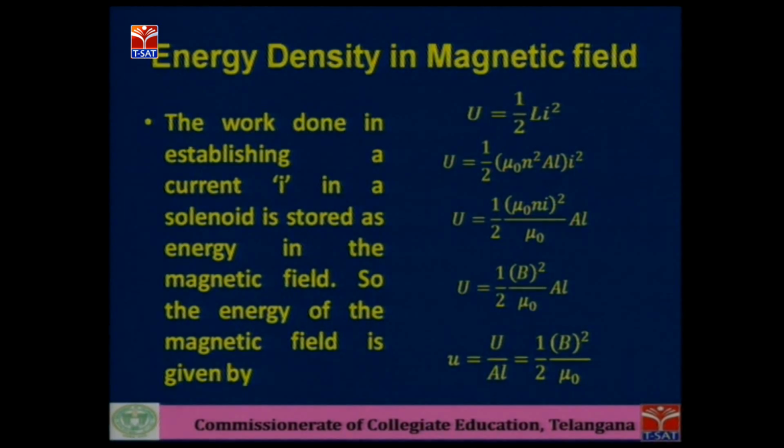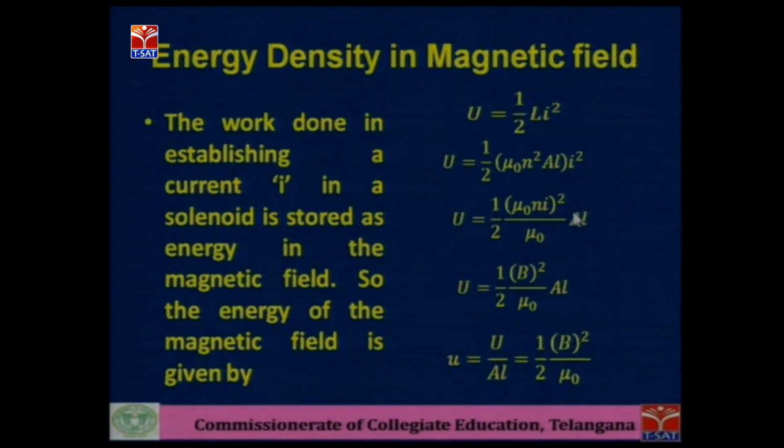The work done in order to establish a current I in a solenoid is given by U equals half L I square, and in place of L we substitute mu naught n square AL, which we have calculated before. So U equals half into mu naught n square AL into I square.